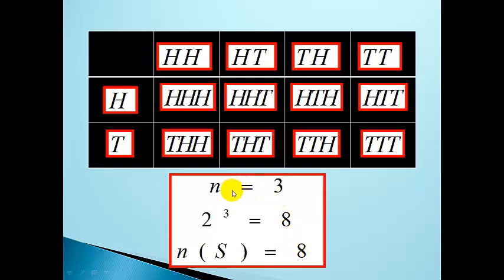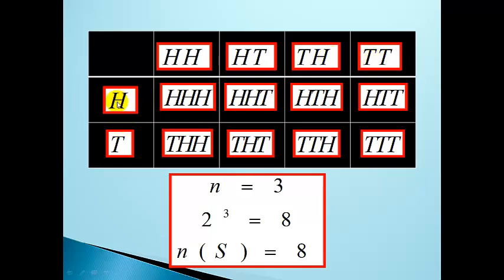Now, when a coin is tossed 3 times, it means that we match 1 against 2, because HH, HT, TH, and TT is the sample space for when a coin is tossed twice, and HT is the sample space when a coin is tossed once. So if you want to find the sample space when the coin is tossed 3 times, then you have to match HT against HH, HT, TH, and TT.